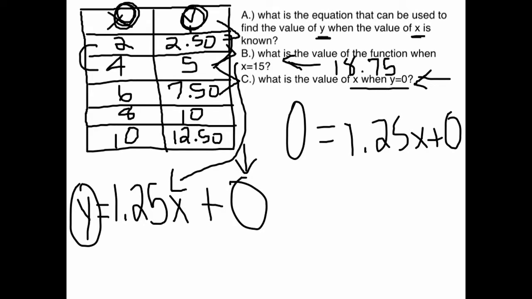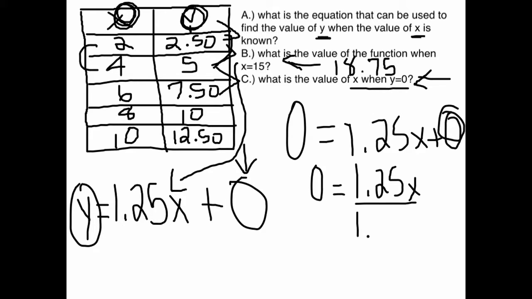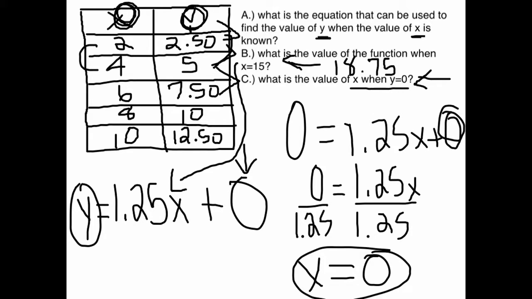Now, this really is the equation 0 equals 1.25x, because this 0 is irrelevant. To solve for x, all I do is divide by 1.25, and 0 divided by any number will just leave me with 0. So that's my answer for that one. So then, again, B and C are just asking you to plug those values into your equation.